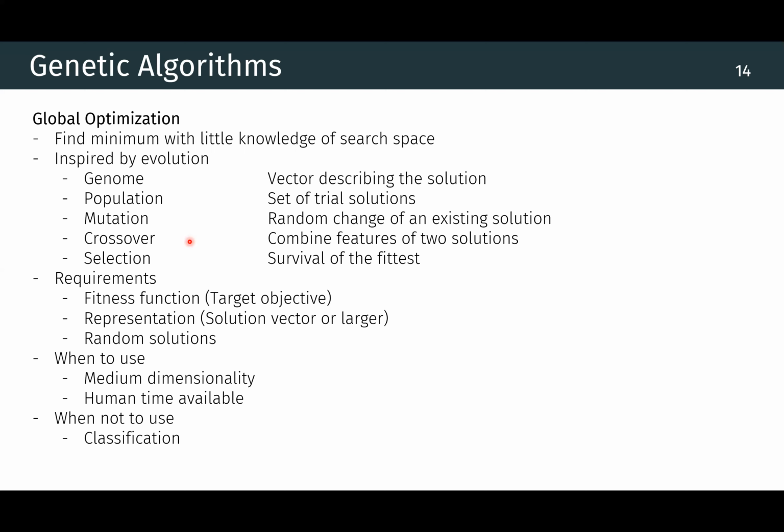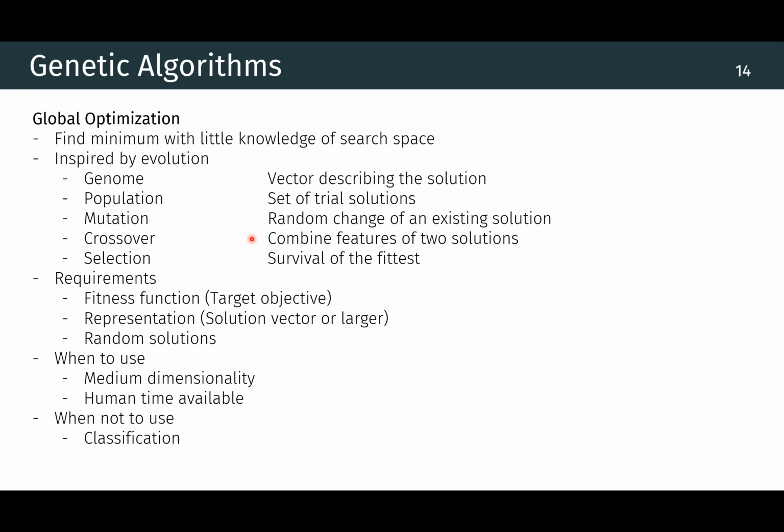The alternative is the so-called crossover. This means you take two solutions and you make one new solution that combines features. For example, take the first 5 entries from one solution and the rest of the entries from the other solution and see whether this improves your optimization. That's basically what you have with parents and children.